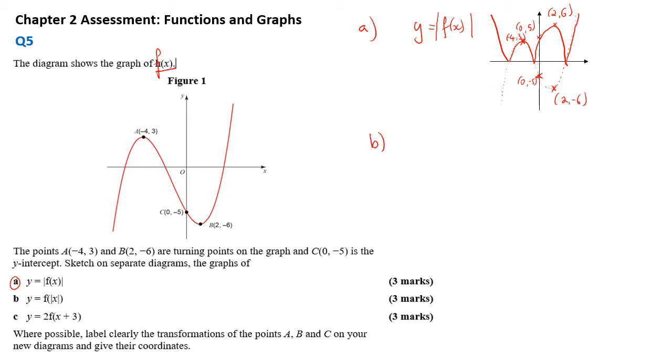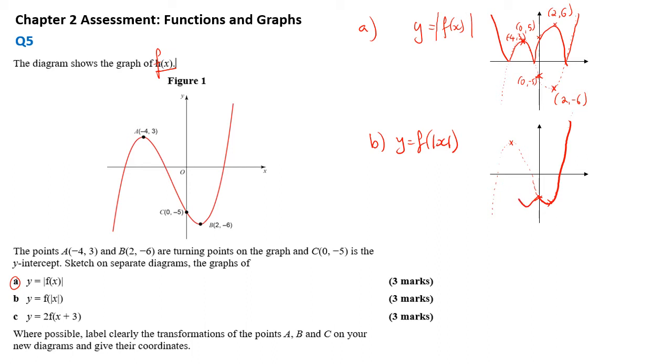So for part B, I'd start off with the same kind of thing, the dotted f of x. And this time we're looking at y equals f of mod x. So if we're taking the modulus of x before we apply the function to it, x being put into the function will only ever have a positive value. And so while the function could return a negative value, it would be the same as this.